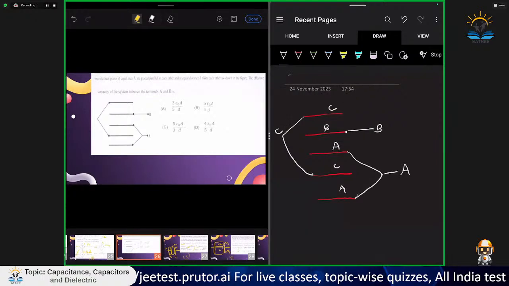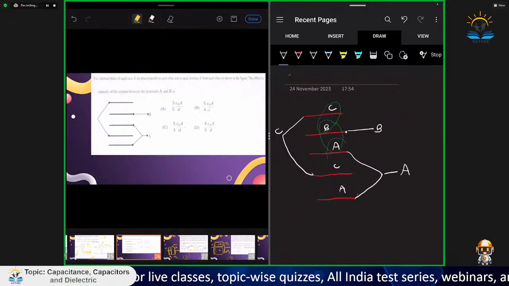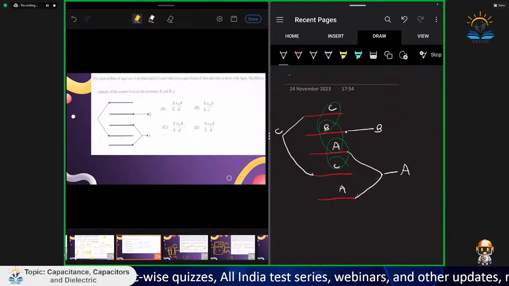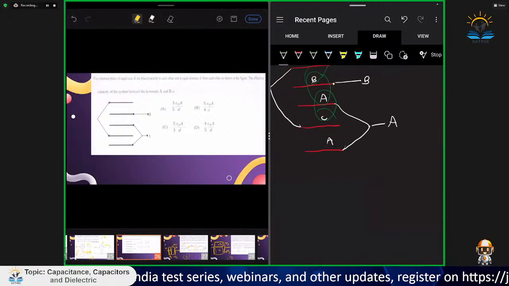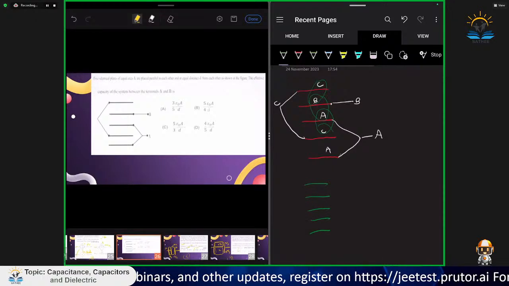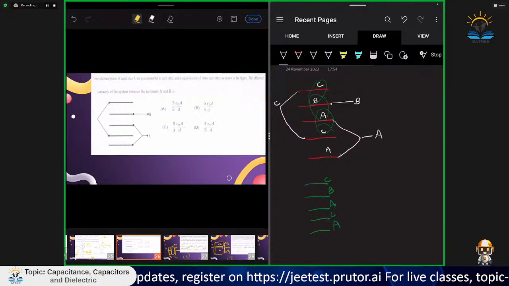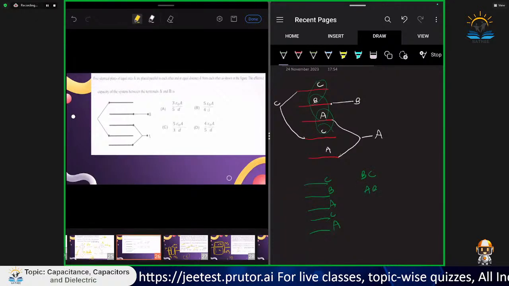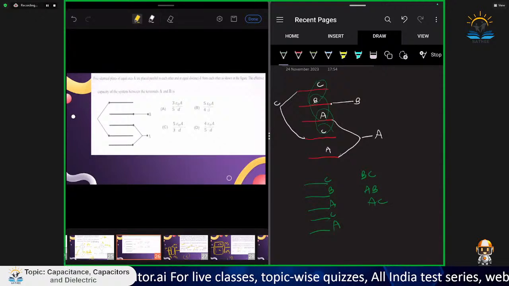C and B, 1. B and A, 2. A and C, 3. We have 5 plates: C, B, A, C, A. So we have 4 pairs, right? BC pair, AB pair, AC pair, then the last again an AC pair.